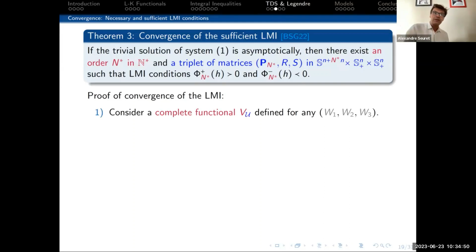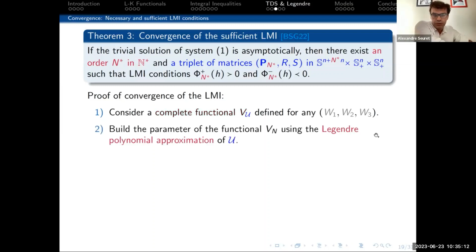It starts with the consideration of the complete Lyapunov function defined by the Lyapunov matrix U, and you define it for any given W matrices.